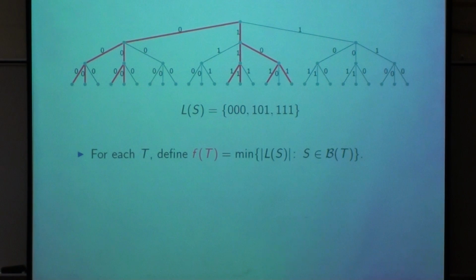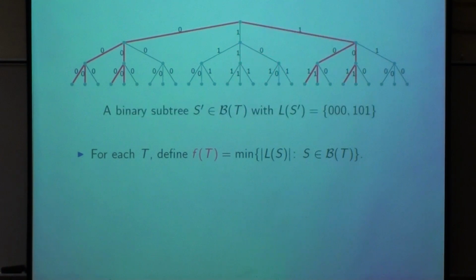For this tree here, with this particular binary subtree, we found one that only uses 3 path labels. So that's showing that for this tree, f of T is at most 3. But we might be able to do better. In fact, in this case, we can do better if we selected a different subtree.